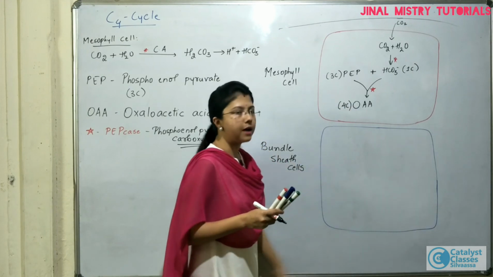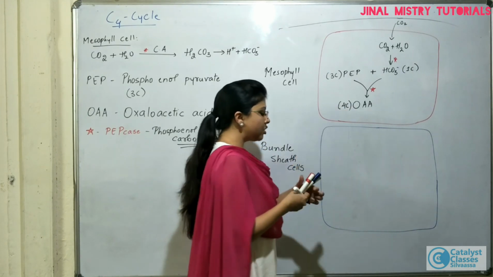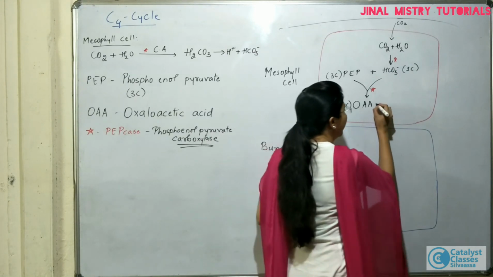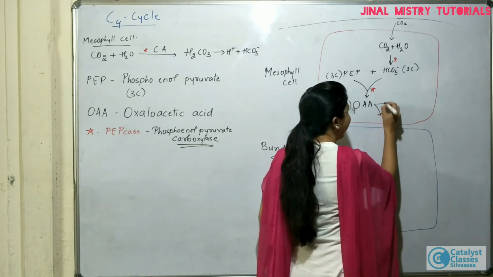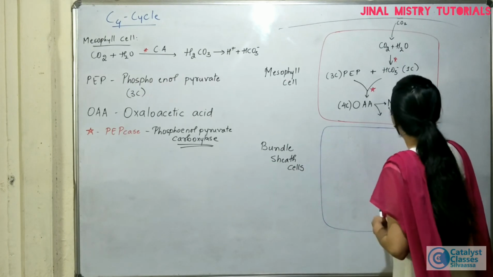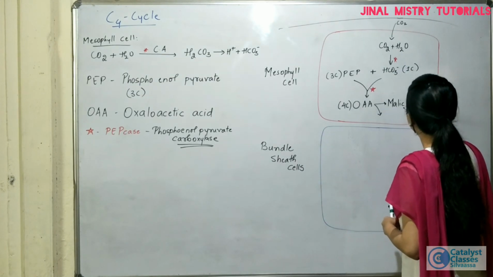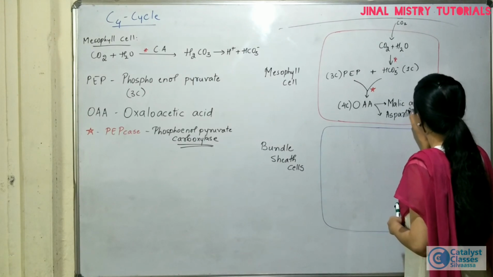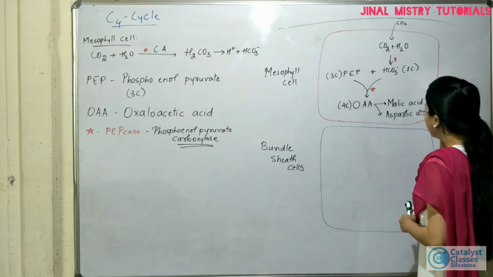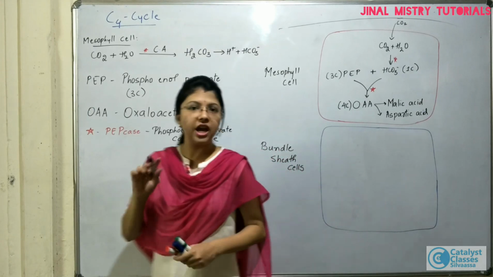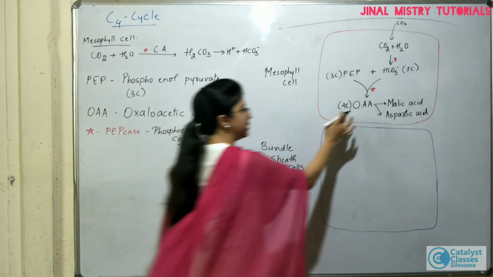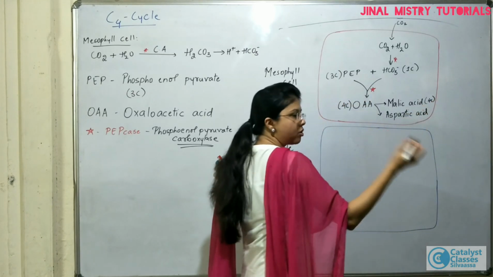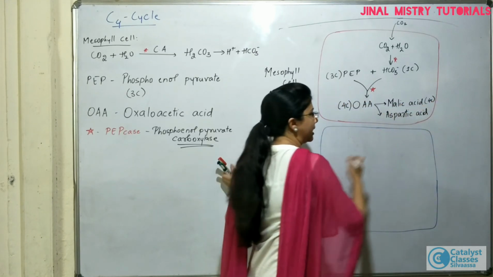Now, this oxaloacetic acid which is formed in the mesophyll cell will convert itself either into malic acid or aspartic acid. Now, where is this going to be formed? If there is no ammonia available, oxaloacetic acid is going to convert itself into another 4-carbon compound called malic acid.